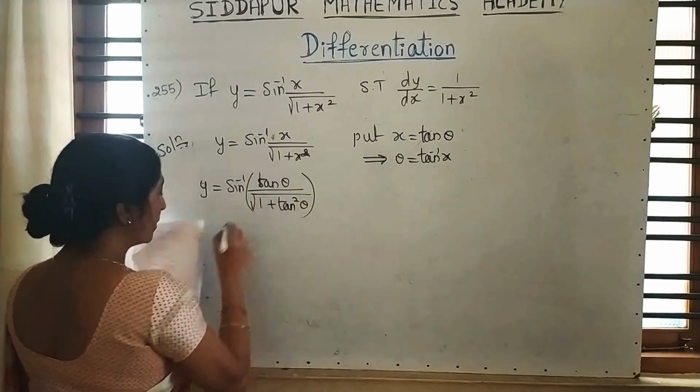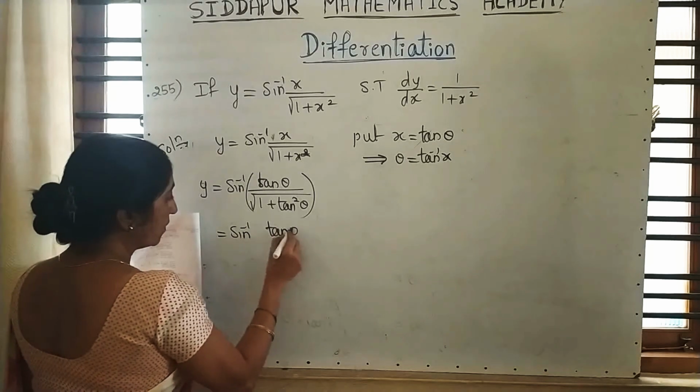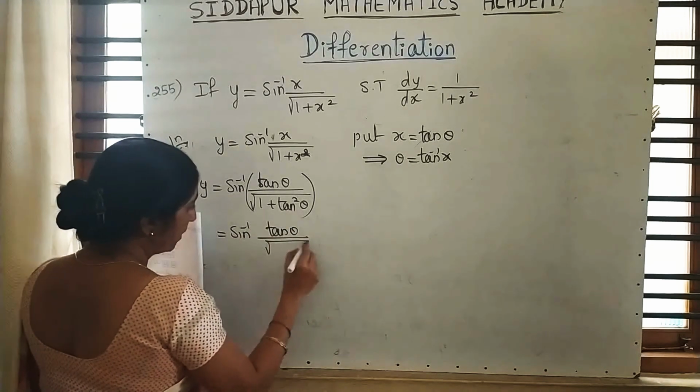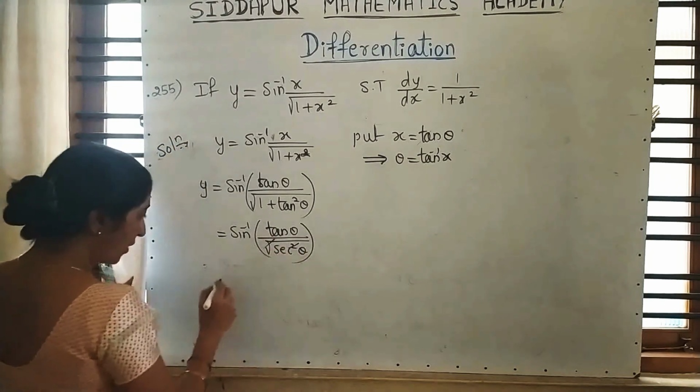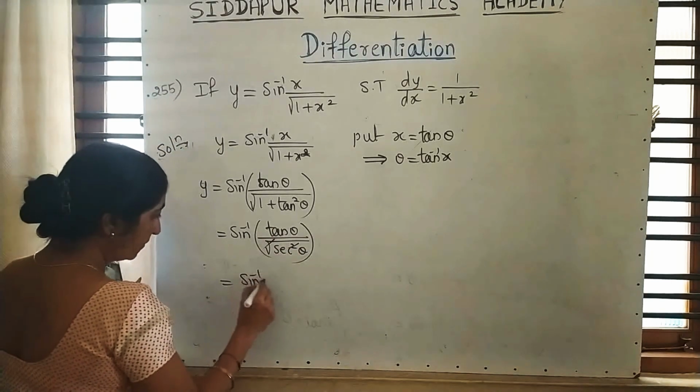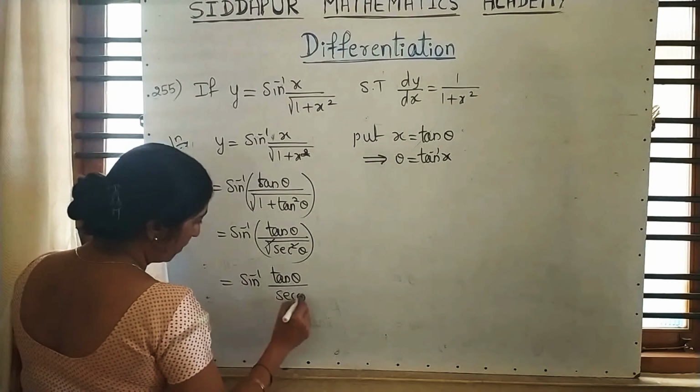And have you remembered what is the tan theta? 1 plus tan square theta is secant square theta. Square root and square cancel. Tan theta upon sec theta.